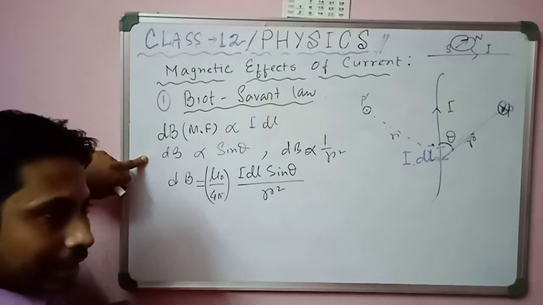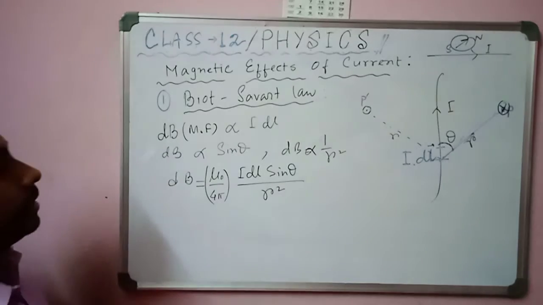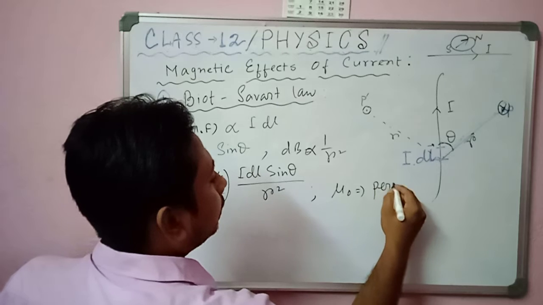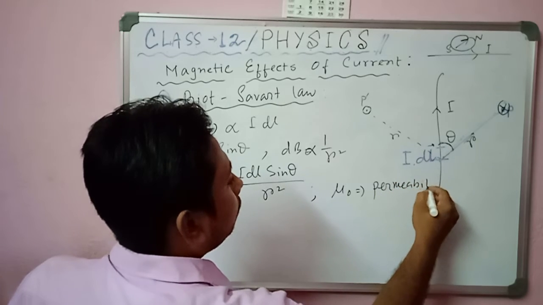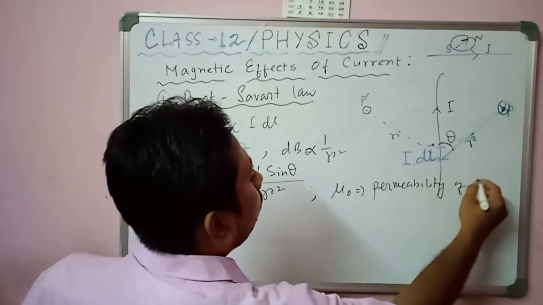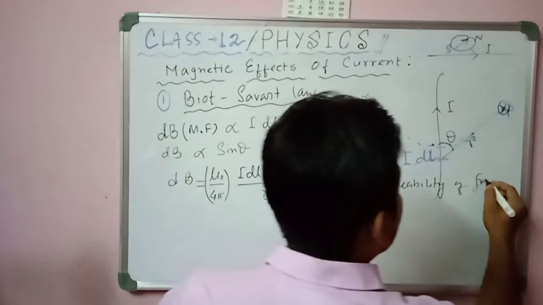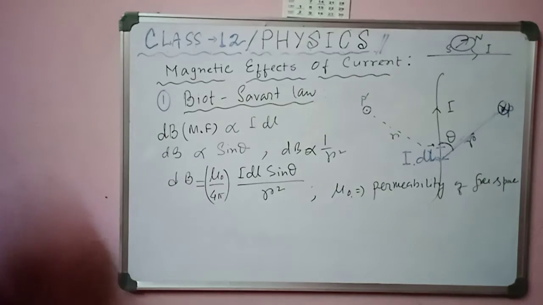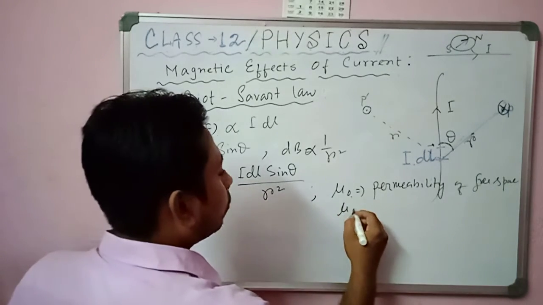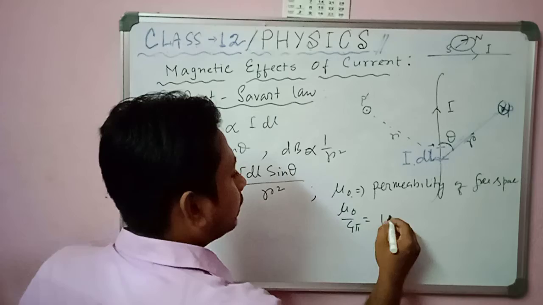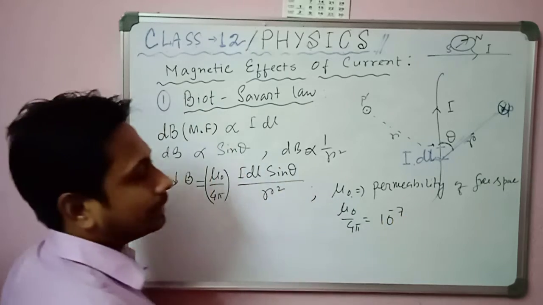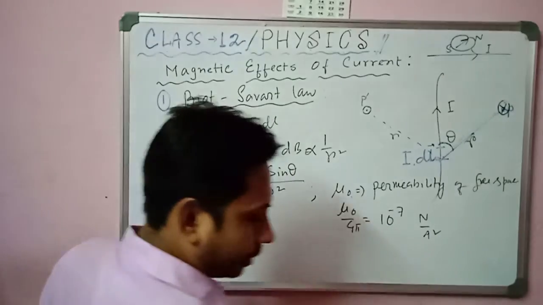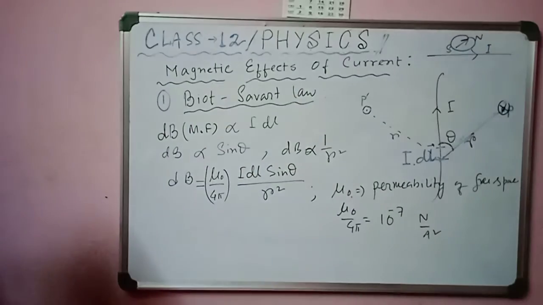This is a constant term, and mu naught represents the permeability of free space; naught means free space. The value of mu naught by 4 pi is equal to 10 to the power minus 7, and the unit is Newton per ampere square. Okay, so this is permeability.